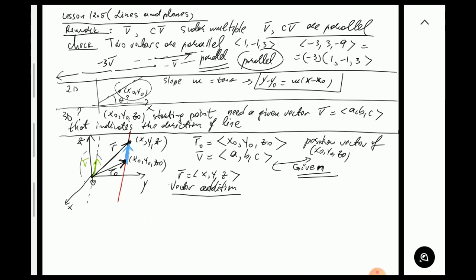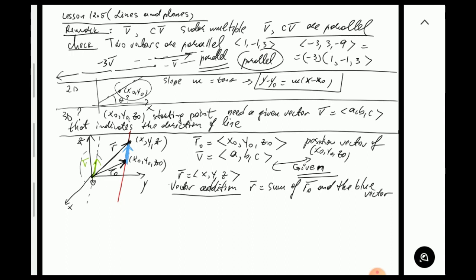I'm not going to give the blue vector any name, because I don't want to introduce extra notations that I won't use for more than a second.